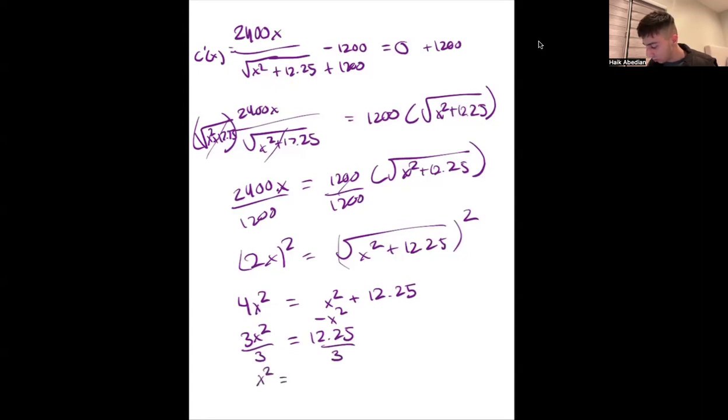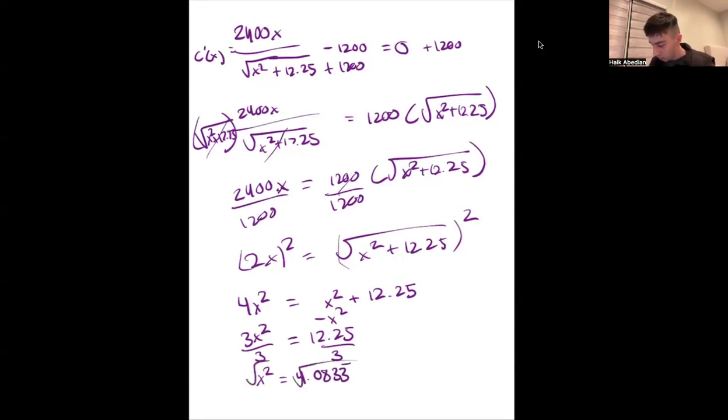So let's divide by 3. x squared equals 4.0833.